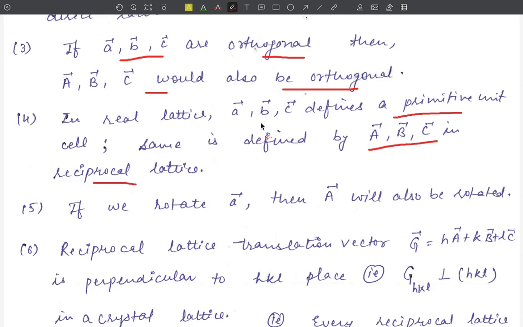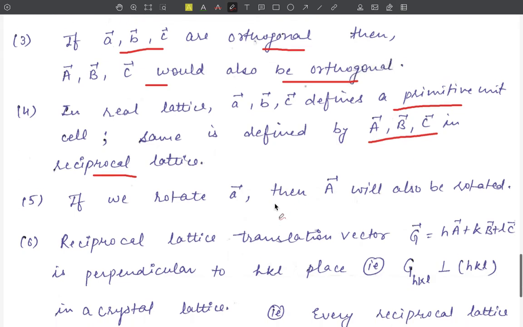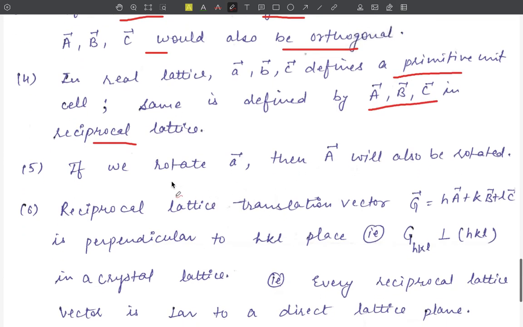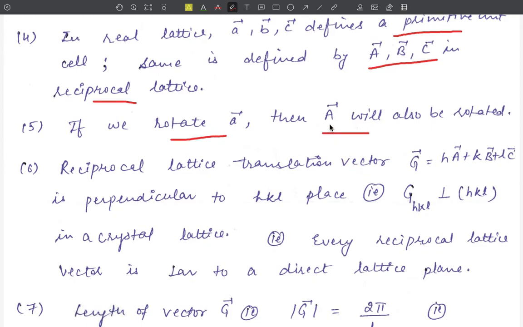That is, if these small a, b and c vectors form a primitive unit cell in the direct lattice or in the real space, then capital A vector, B vector and C vector will also form a primitive unit cell in reciprocal space. The next one is that if we rotate small a vector, then capital A vector will also be rotated. That is, there is a direct relation between a direct lattice vector and a reciprocal lattice vector.